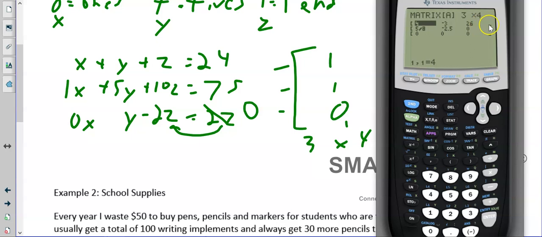Now notice this one's going to fall off the screen, so you have to be really careful when you're checking. All right, so I put in 1, 1, 1. Now watch, when I hit enter, it's going to jump off the screen. And 24. When I come down, it's going to jump again. And here I have 1, 5, 10, 75.